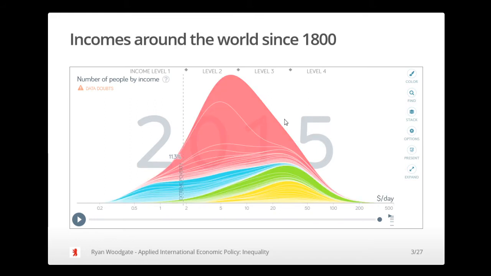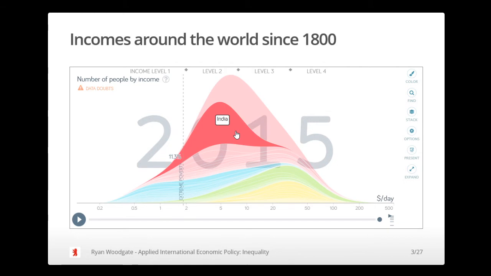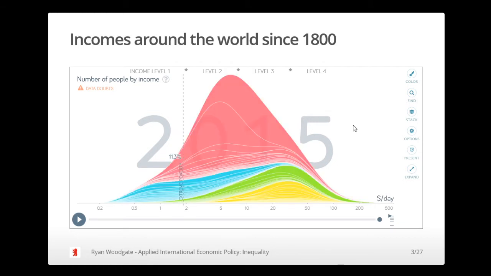And we see that on the world scale, but we also see it within country too. If you see the width of these individual distributions, they have grown quite a bit too. So implicitly in this graph, we can see some reflection on how inequality has changed over time, just by looking at the width. And we can also see that there are fewer people than ever in extreme poverty.